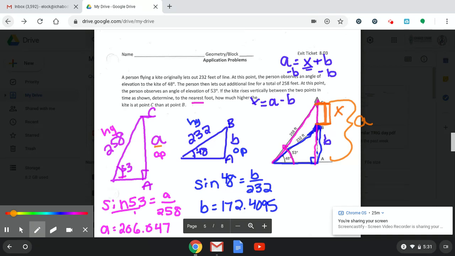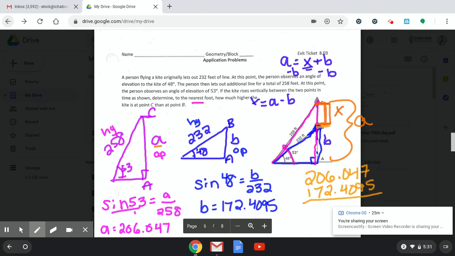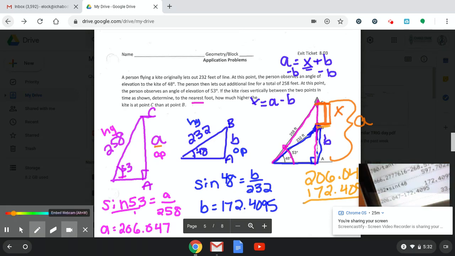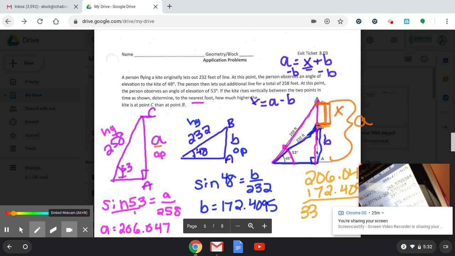So the last step to find that measure of x is to take the difference. So if the kite up at C is 206.047 feet up, and the height at B is 172.4095, that difference is going to be 33.63.